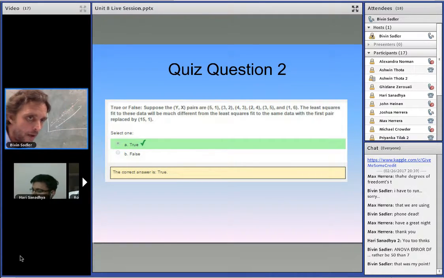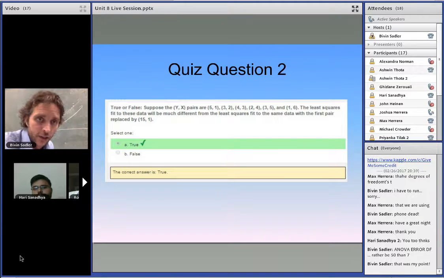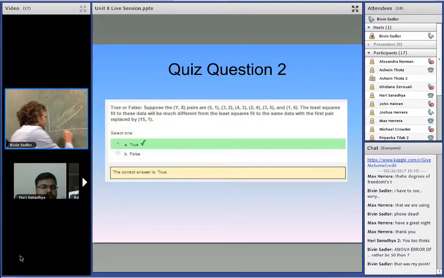And it turns out that if we label the axes 5, 10, 15, 20, 25, and let's say that this point right here is the point 5, 1, and I replace that and take it away and make that point 15, 1, which is right there, that's going to shift this whole line.